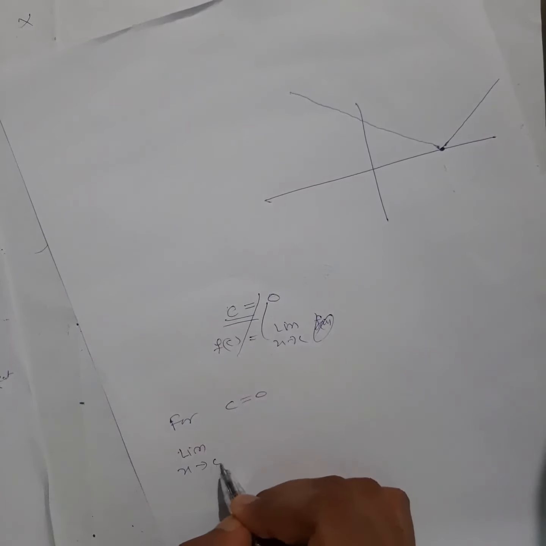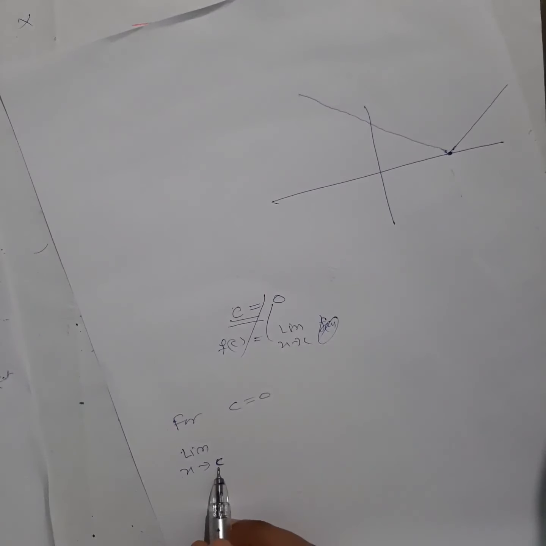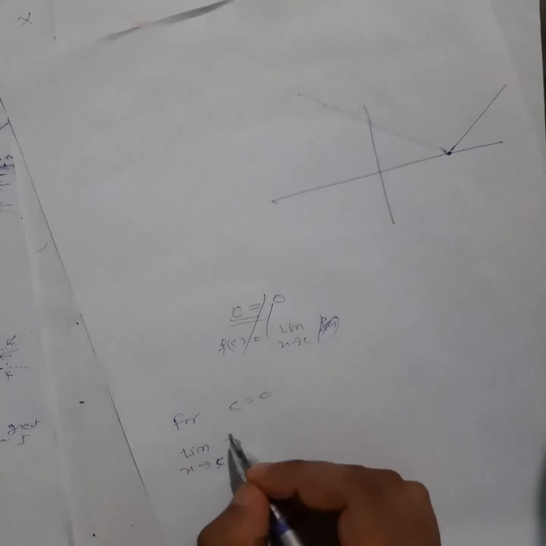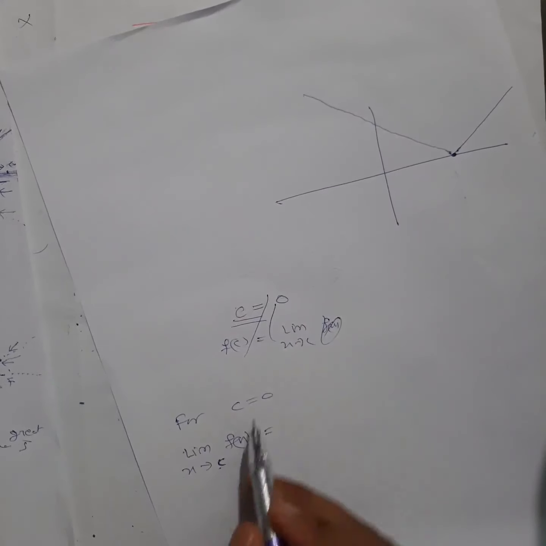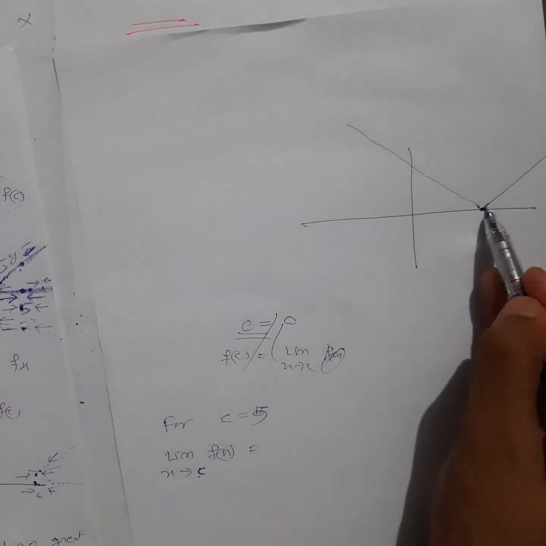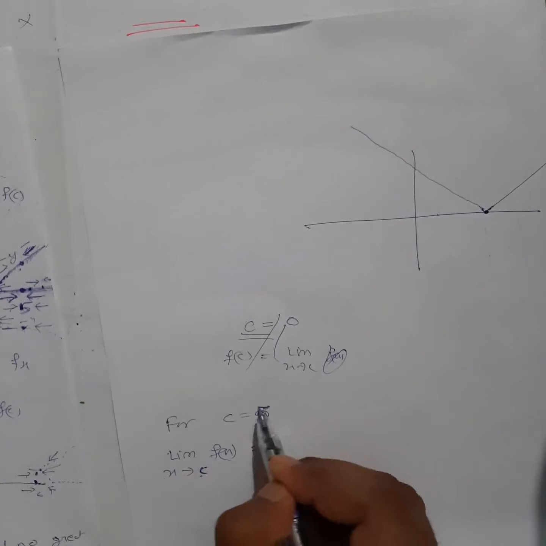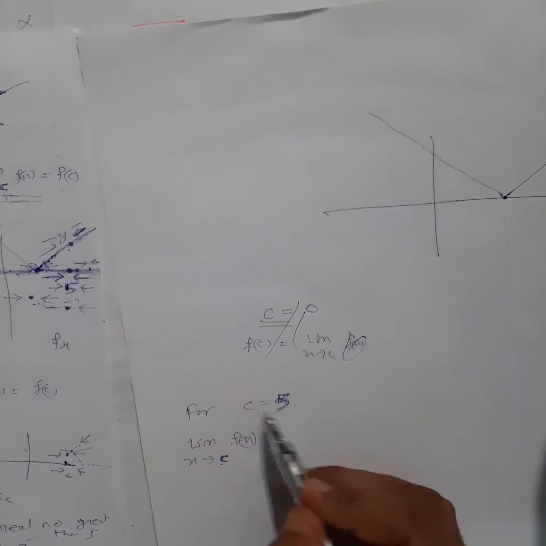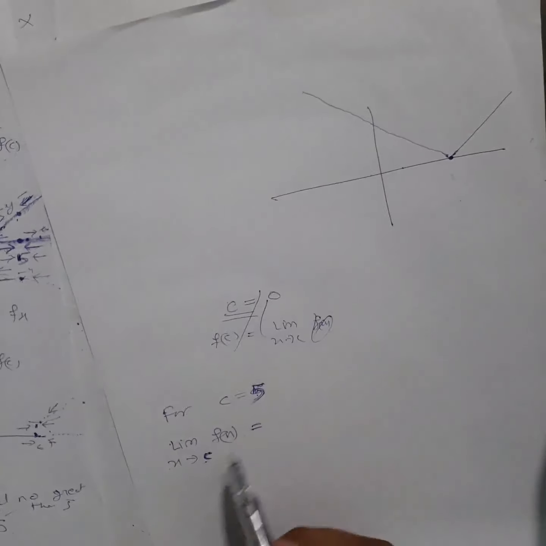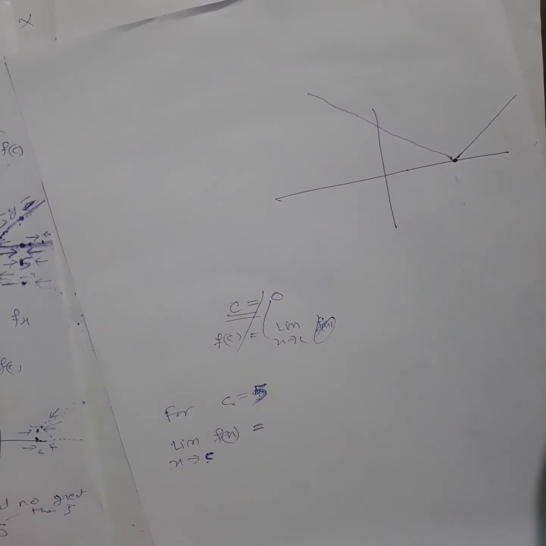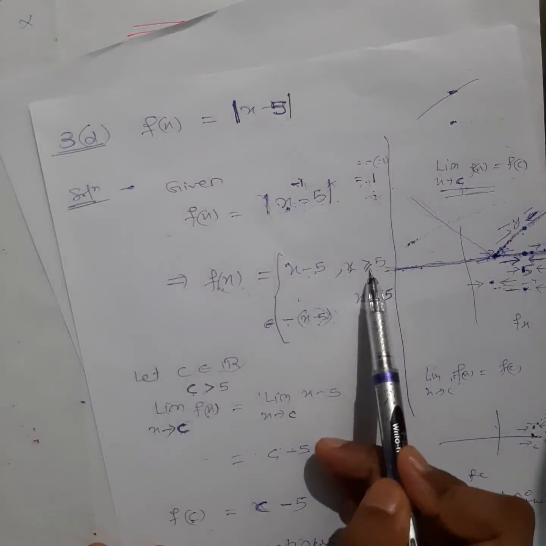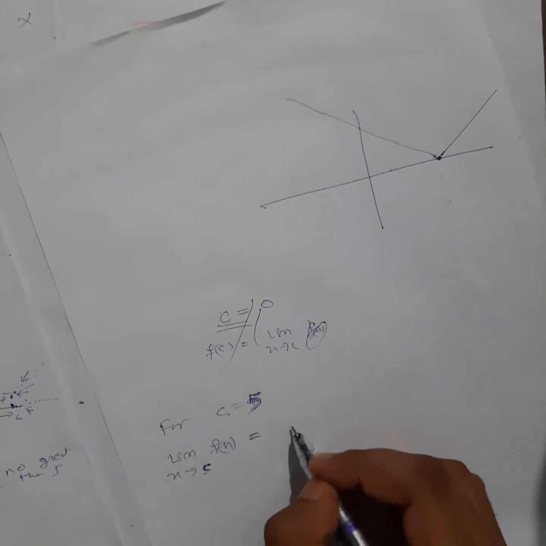Limit x tends to c, fx. Not 0, sorry, at 5 I have to check, right? 5. 0 I have already checked, less than 5 we have already checked. 5, okay, don't get confused. C equal to 5. So when c is equal to 5, which function will you take? You can see when your x is equal to 5, your function will be this one, right? So fx, what will I take?